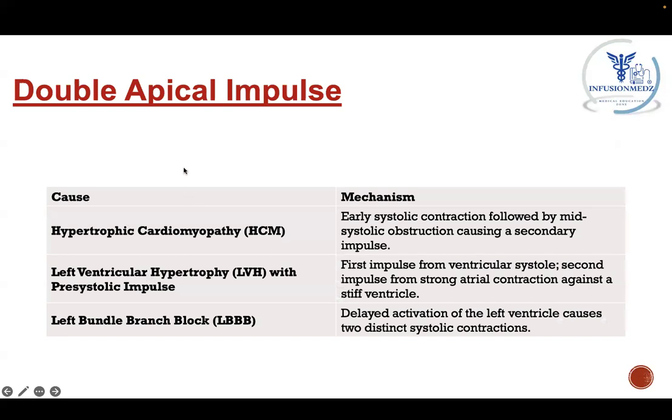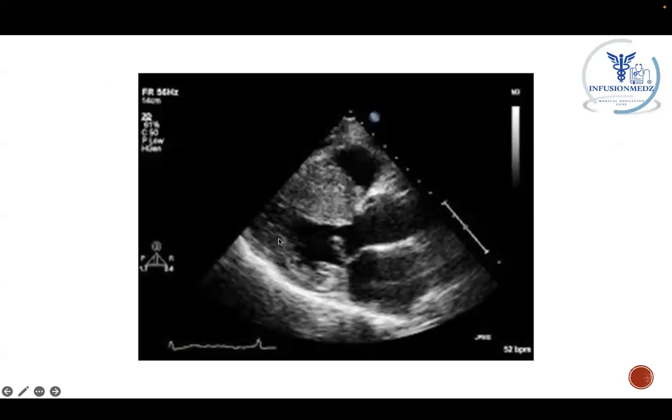Similarly, this type of apical impulse is also seen in left ventricular hypertrophy. Suppose a patient has left ventricular hypertrophy. Due to this hypertrophy, in a hypertension patient, diastolic dysfunction is present. That means there will be impairment in relaxation due to more and more stretch of the muscle due to blood pressure.